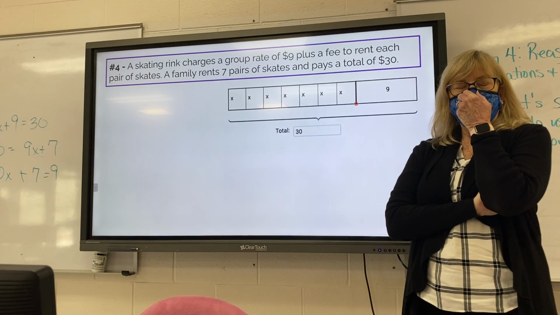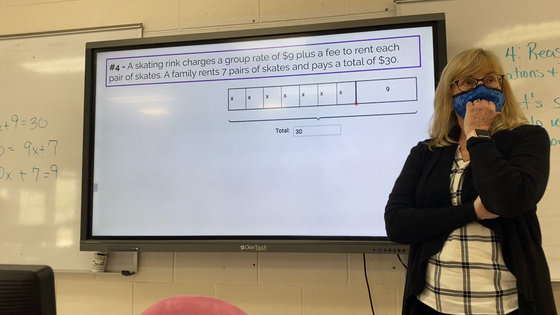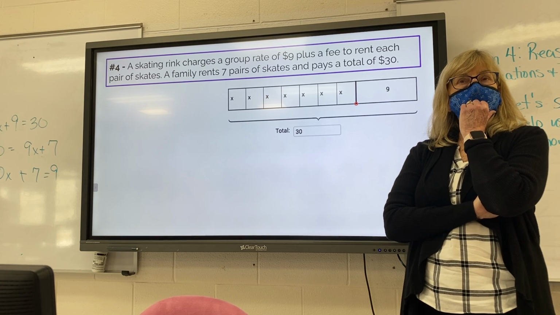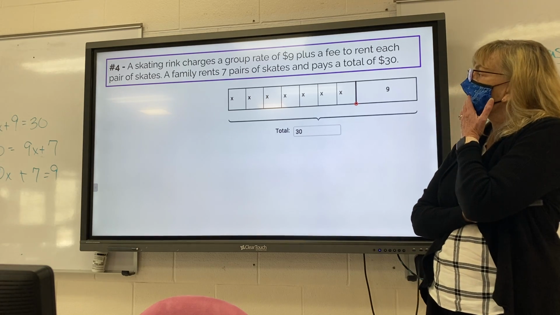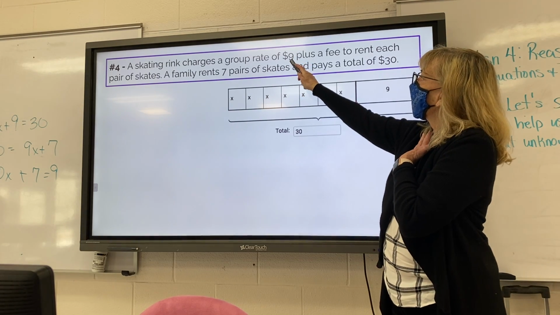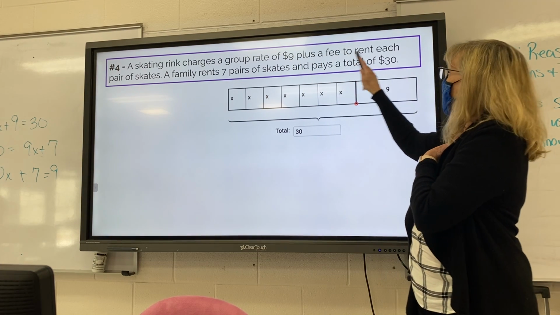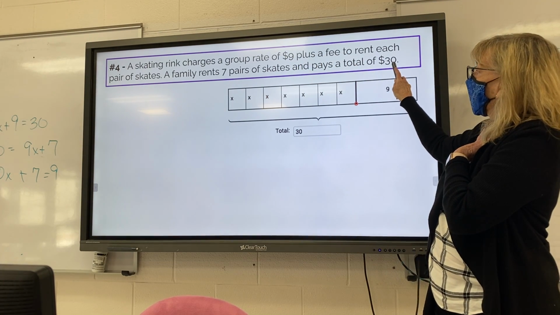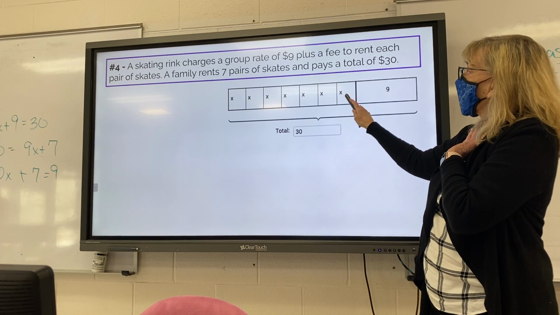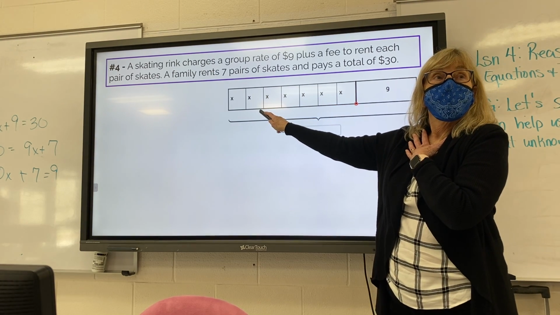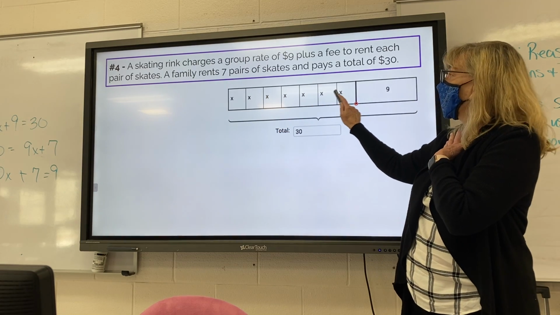What is the X representing? You're on the right track. You are oh so close. What are we dealing with? This is $9. This is $30. So do you think all these are going to be dollars? And we have 9 of them.